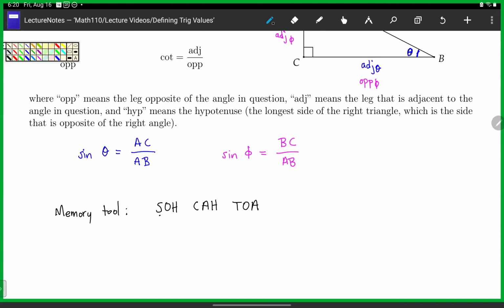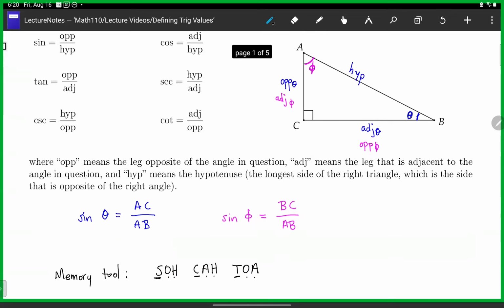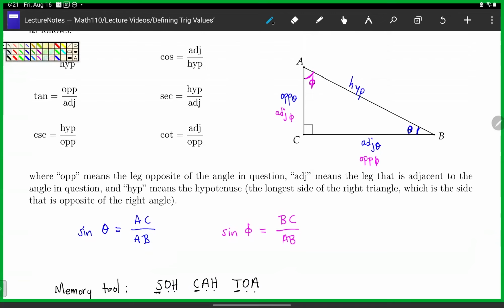So this says that the sine is the opposite over hypotenuse, the cosine is the adjacent over hypotenuse, and the tangent is opposite over adjacent. So, I mean, these ratios are just kind of arbitrarily defined, and so this is just a memory device to kind of keep those straight.